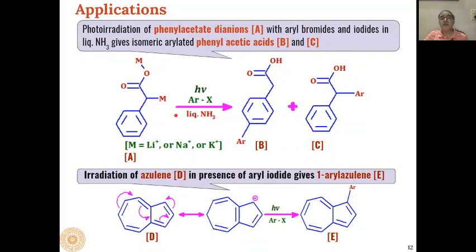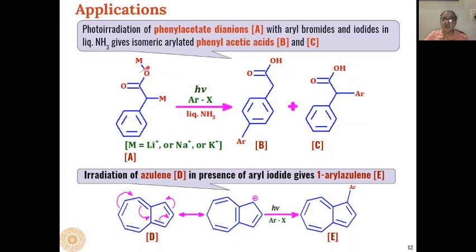Then photoirradiation of metal dianions with aryl bromides or aryl iodides in liquid ammonia gives isomeric phenyl acetic acids as the product. So basically what happens is aryl free radical and halogen free radical are formed.